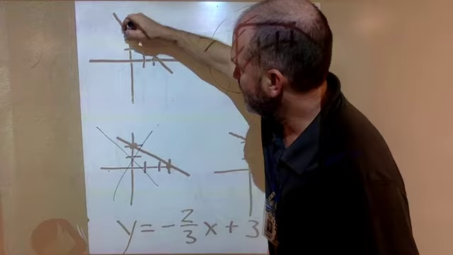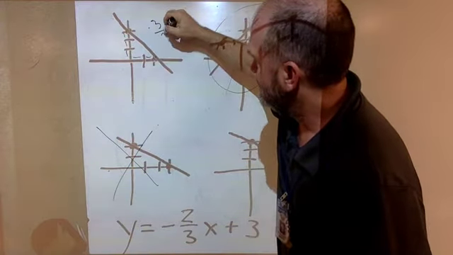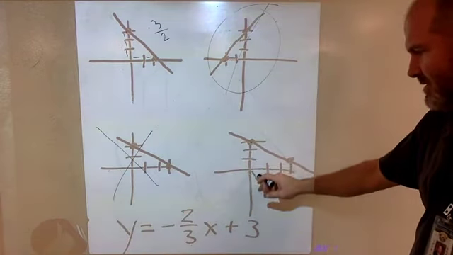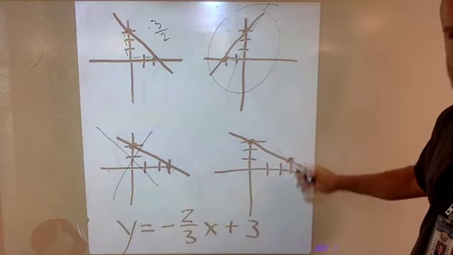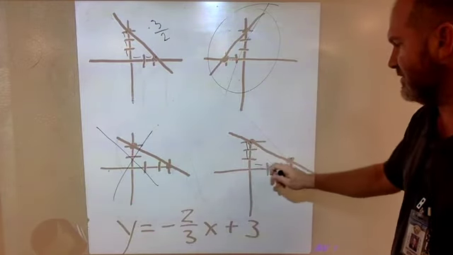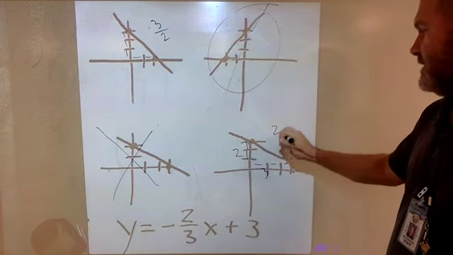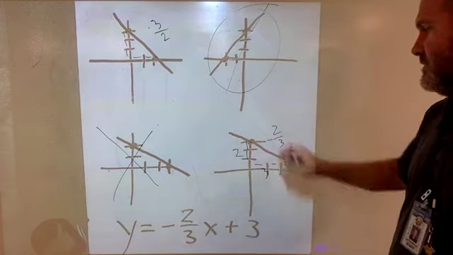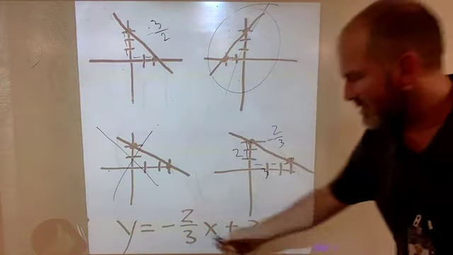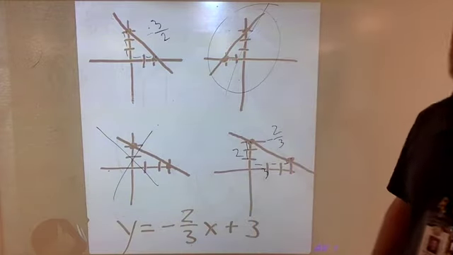You go down 1, 2, 3 spaces and over 2. On this one, how do you get from that point to here? You're not going all the way down to the origin. This point is 1 space above the origin. So you're only going down 2 spaces, and now you're going over 3. So that's 2 and 3. So that's 2/3. It's going down, so it's negative. This is 3/2, it's going down, so it's negative. Negative 2/3 is the one we want. This was the correct answer, D in that one.